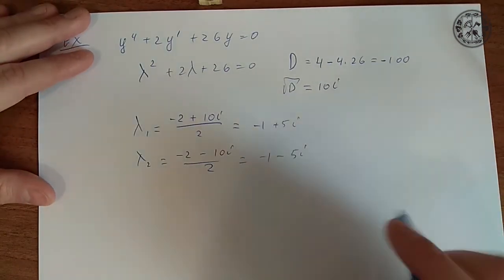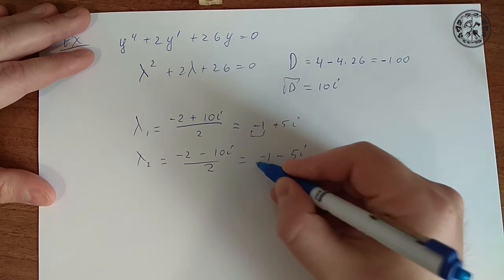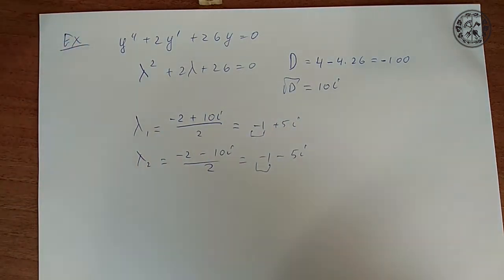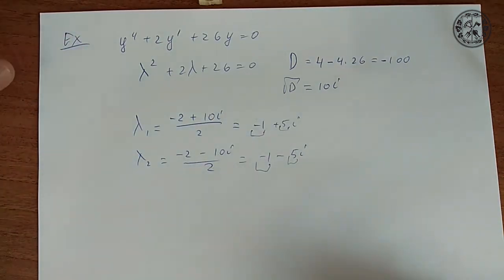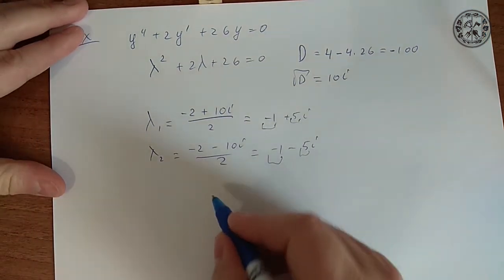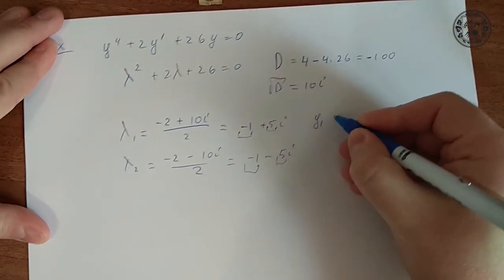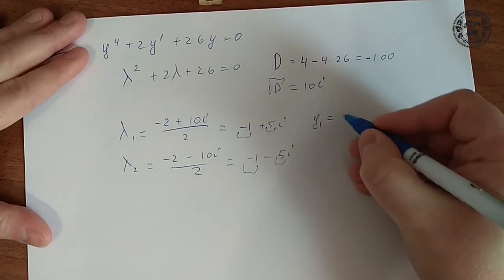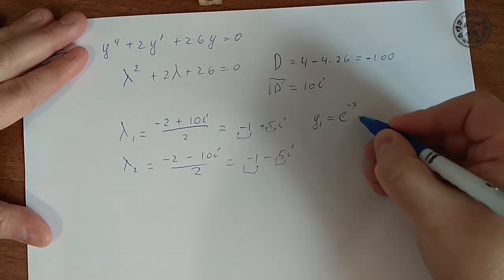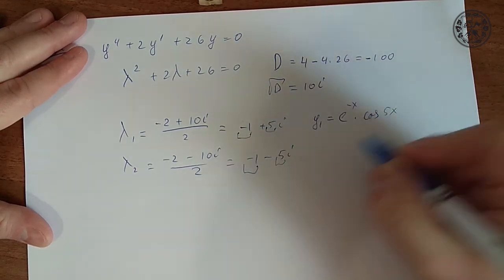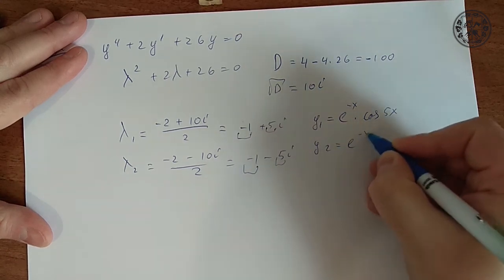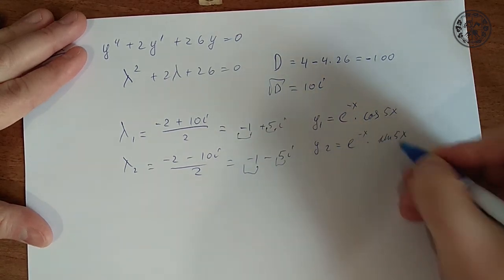So we take these parts, real parts, as powers of exponent and these numbers as multiplicators under sinus and cosinus. So we will have y1 will be e power minus x multiplied by cosinus 5x, and y2 will be e power minus x by sinus 5x.